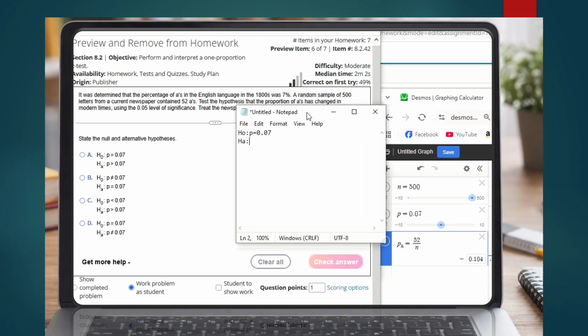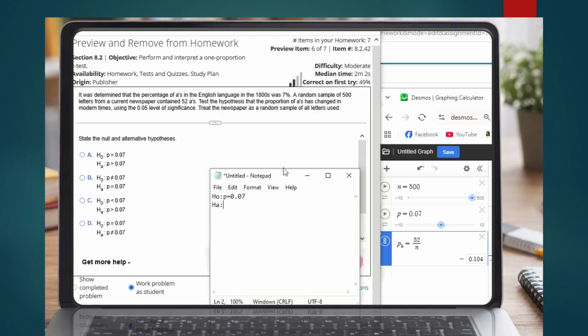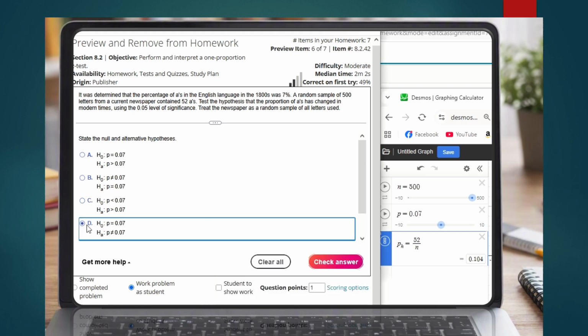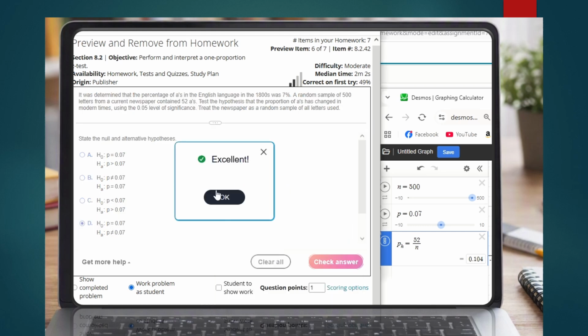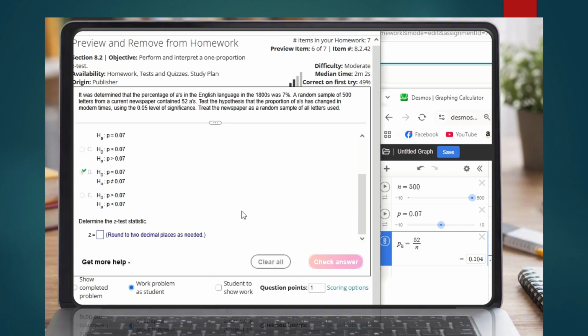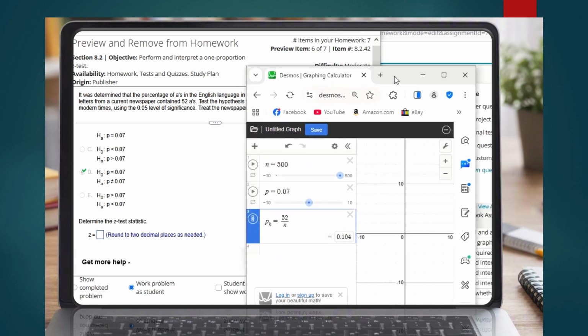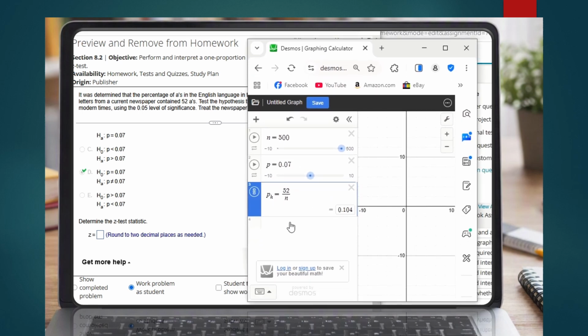So this is a two-tail test. So that means P is not equal to 0.07. So we just need to choose which one we have. And it's got to be this one right here, right? There we go.